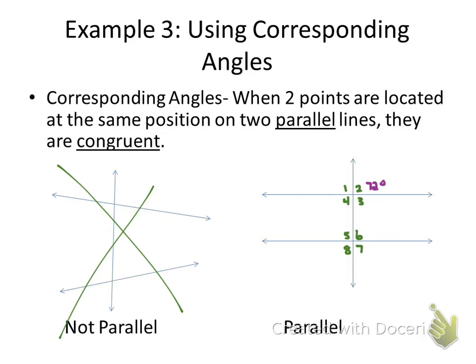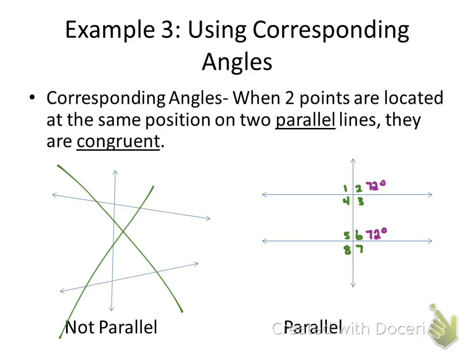So which angle is in the same position as angle 2 on the other line? Angle 6. So corresponding angles say if the lines are parallel, then angle 6 will have the same measure as angle 2. Make sense?